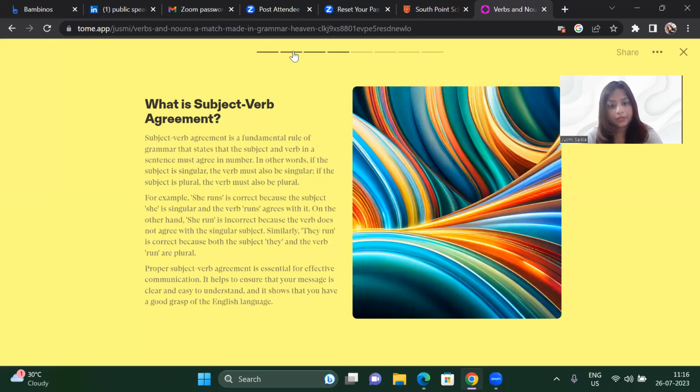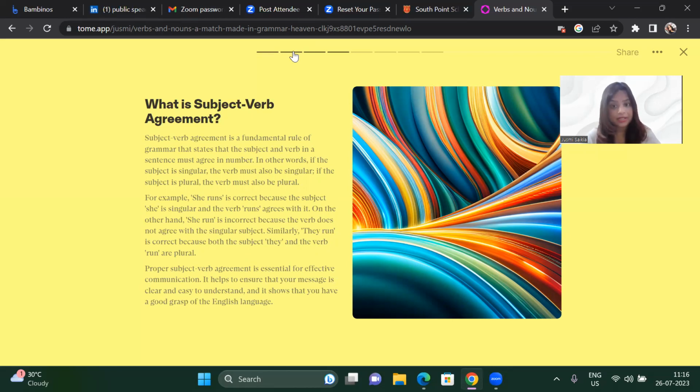So now subject verb agreement is a fundamental rule of grammar that states the subject and the verb in a sentence must agree in number. Okay. In other words, if the subject is singular, the verb also must be singular. If the subject is plural, the verb also should be plural. So there are a few examples.